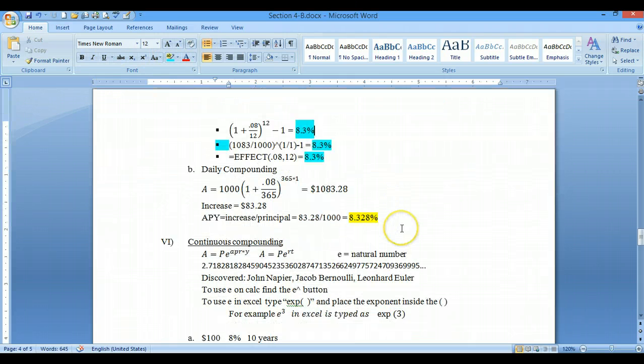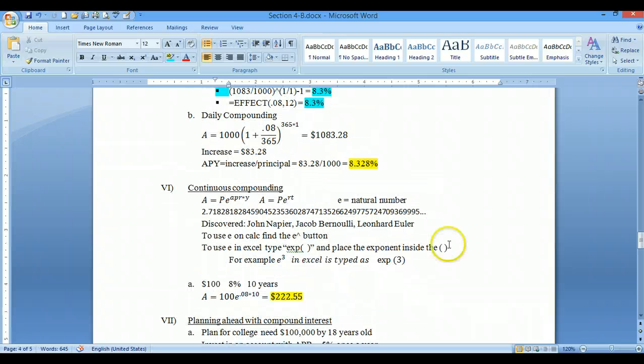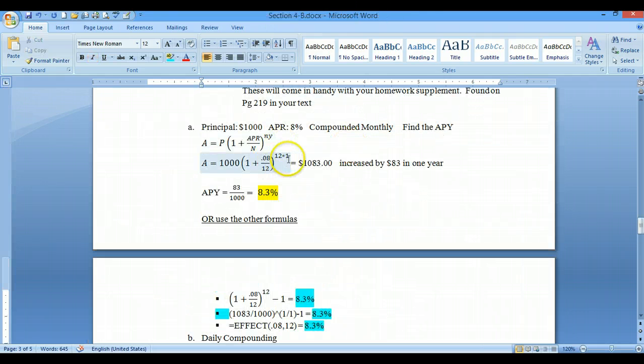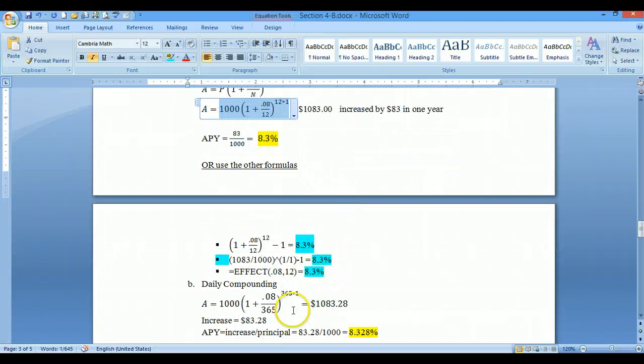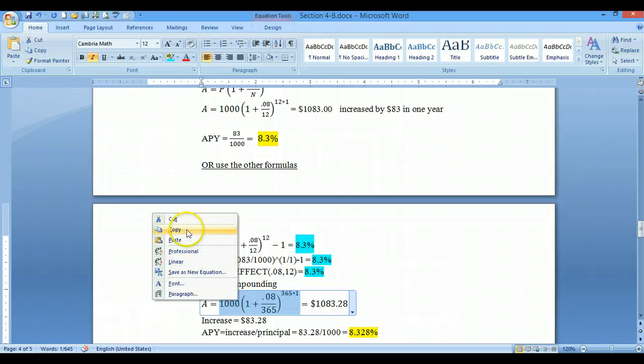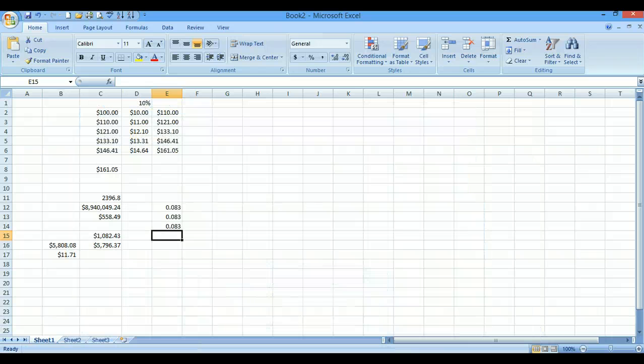Let's move to the next one, daily compounding. So let's find out the APY here. I have the exact same problem, but I'm going to change the N to 365 days a year and see what happens to my APY. 365 days a year, so I could just copy and paste this because it's the exact same thing and just change the N. To find the answer, type it into your calculator or copy and paste it into Excel.